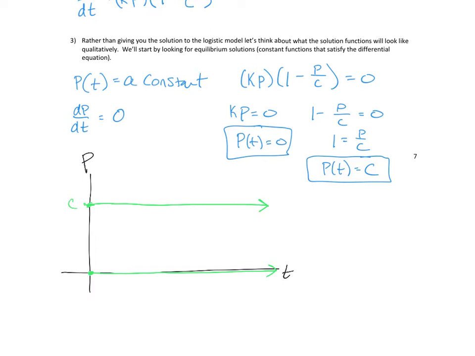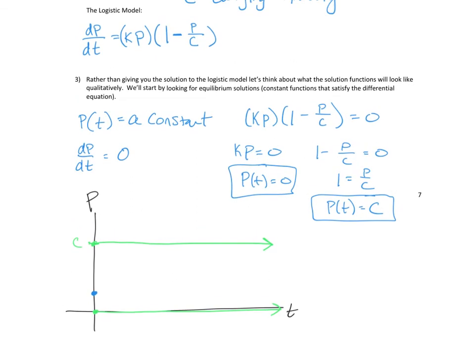Now, let's say you start somewhere between 0 and C. Given the model, just go look at this model up here. The population is smaller than C, right? So this fraction is less than 1. 1 minus something smaller than 1 is just some positive number here.